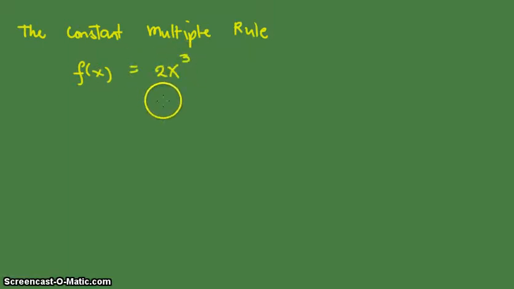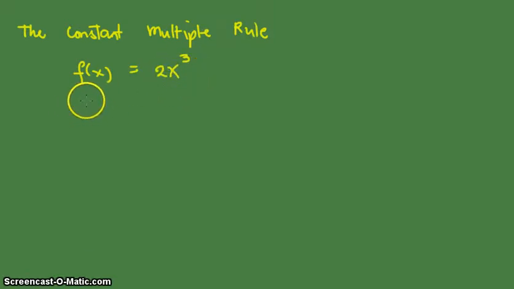Okay, the next rule is what we call the constant multiple rule. So let's say we have a function equal to 2x to the 3. There's a constant being multiplied to an x raised to a number.